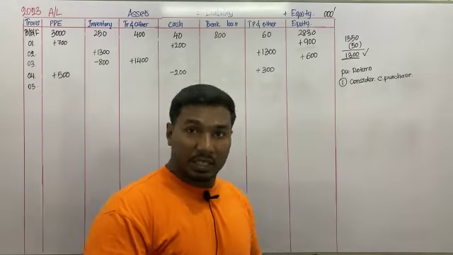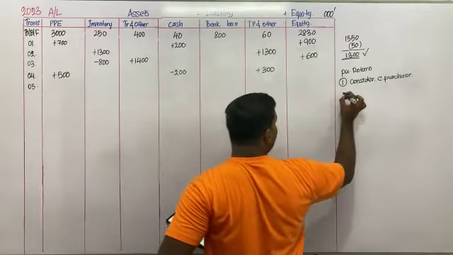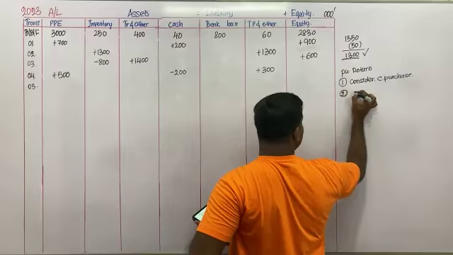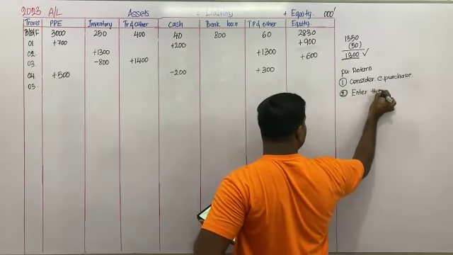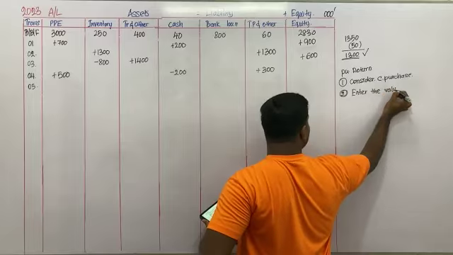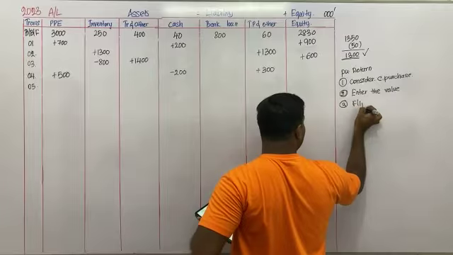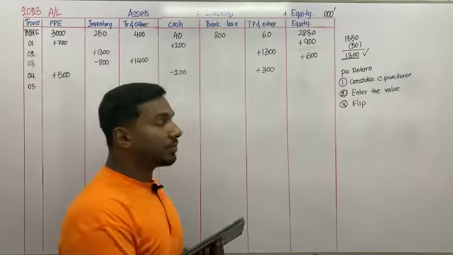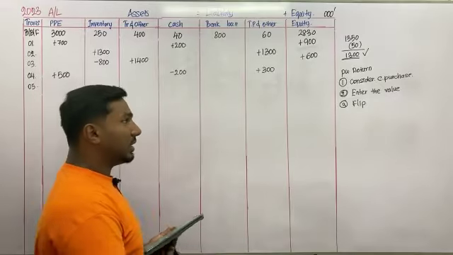First, consider that transaction as a credit purchase. And second, enter the values. Third, flip the values. These are the three-step model for the purchase return.